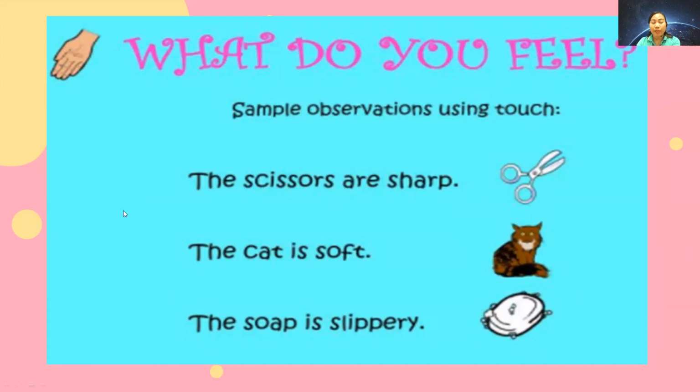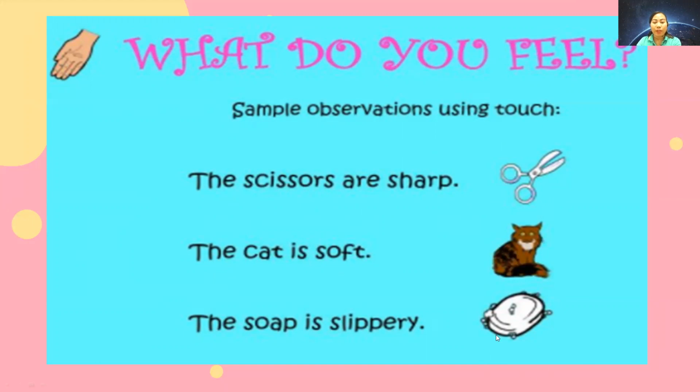And using our sense of touch, what do you feel? Sample observations using touch: number 1, the scissors are sharp. When you touch the scissors, you can feel that they are sharp. When you touch a cat, you can feel that the cat is soft.